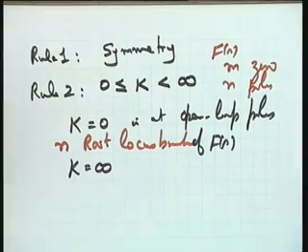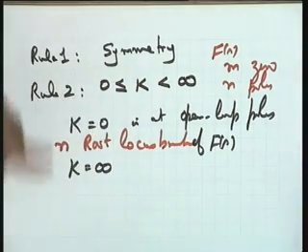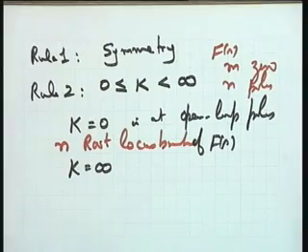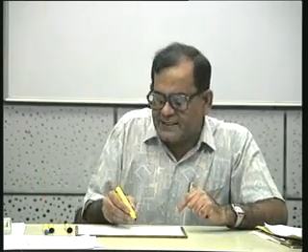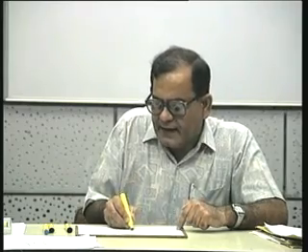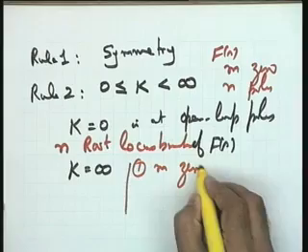Since there are n root locus branches, each starting from an open loop pole, you have to give me a terminal point for every root locus branch. The terminal point will naturally occur as k tends to infinity. So the terminal points are, number 1, the m zeros of F(s).